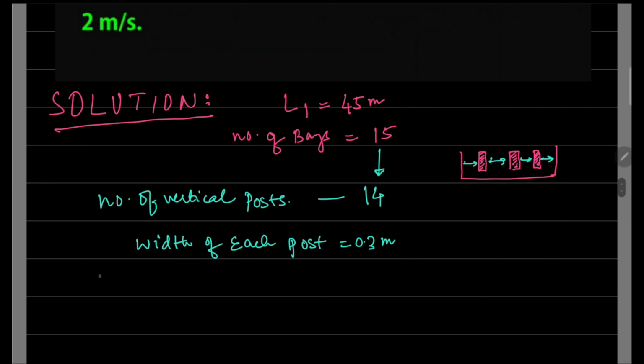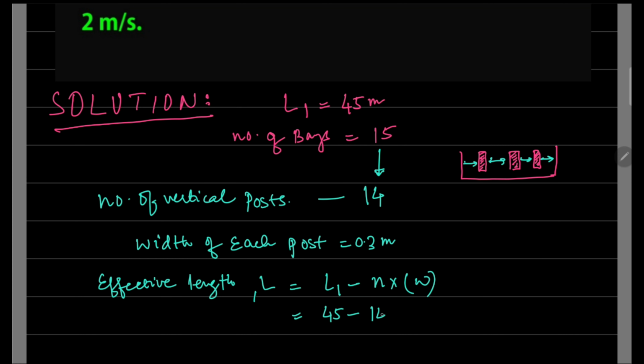Then the effective length of the weir, that is our L, will be equal to L1 minus the number of posts, let's say n, multiplied by the width of each post, let's say W. So effective length L will come out to be L1 is 45 meter minus n is 14 multiplied by the width W of each post, 0.3. So this is equal to 40.8 meter.